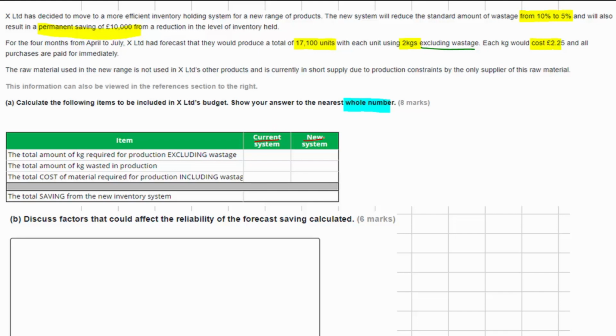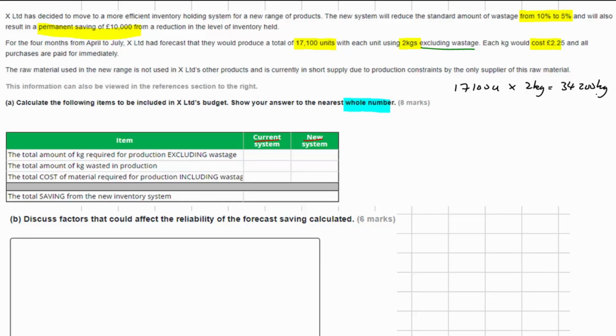The first one is to work out the total amount of kilograms required for production, excluding wastage. So we've got a plan to make 17,100 units, and that's going to require 2 kilograms per unit, which gives us a total of 34,200 kilograms.